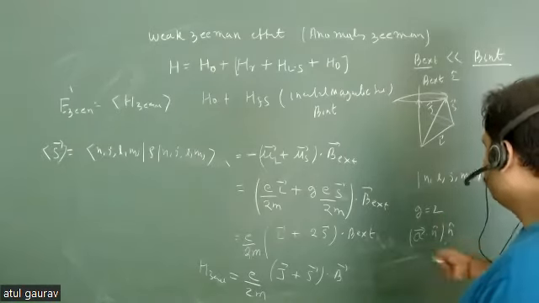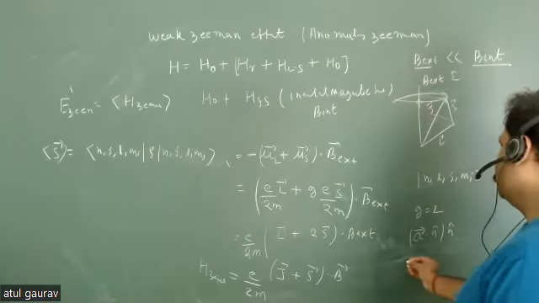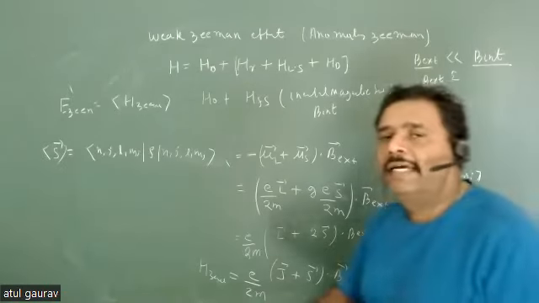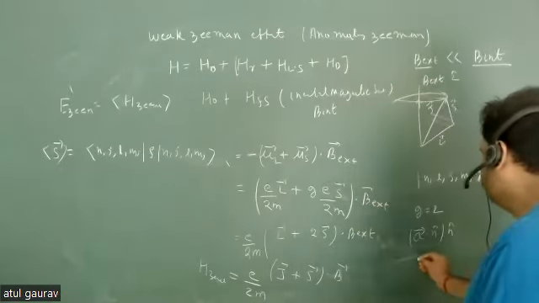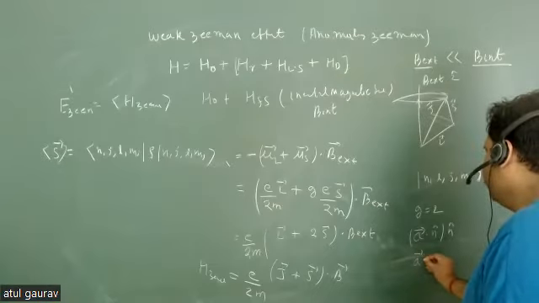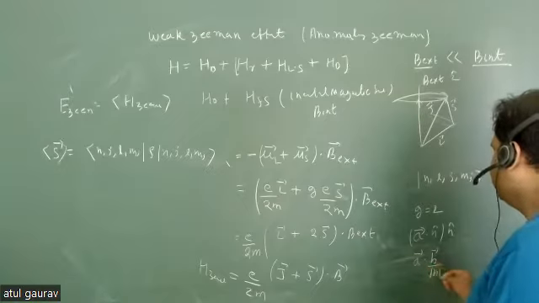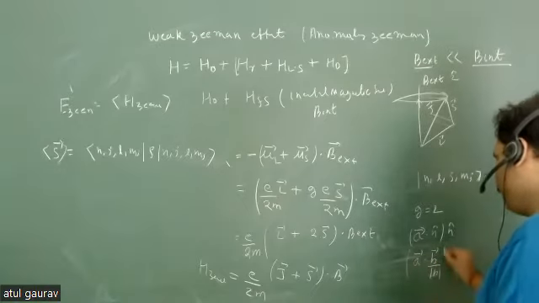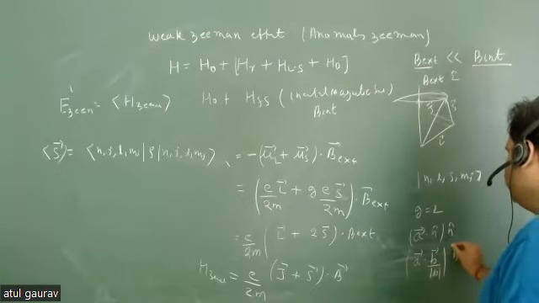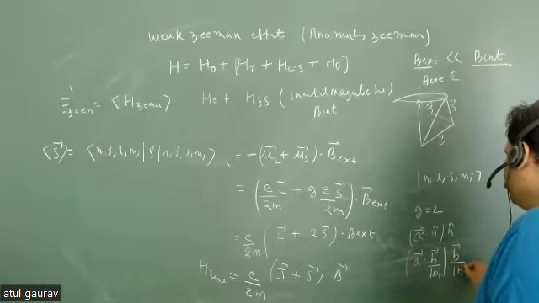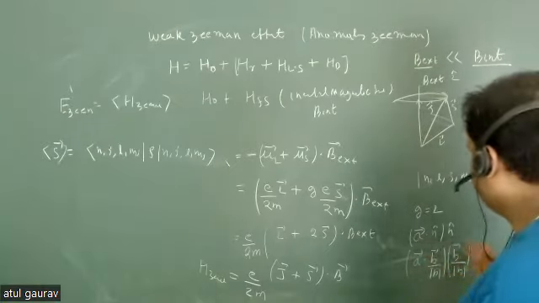So we will just use this trick. Now suppose you want to project A in the direction of B, then what will happen? A dot B, and we divide by mod B to make it a unit vector. And again you have B by mod B, then you have exactly the same thing.